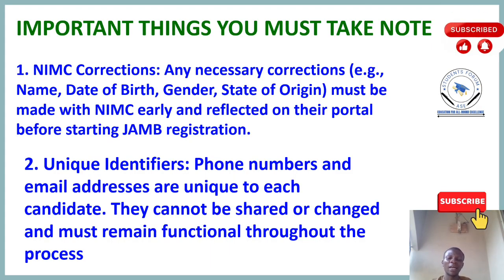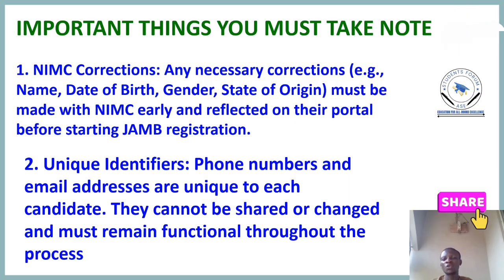Now, importantly, you must take note of NIMC correction. We said your information will be retrieved from the NIMC, from the information in your national ID card. So any necessary correction, maybe there is a name that is not correctly spelled in your NIN, you must make sure you go and correct that before you use it to register for your JAMB.